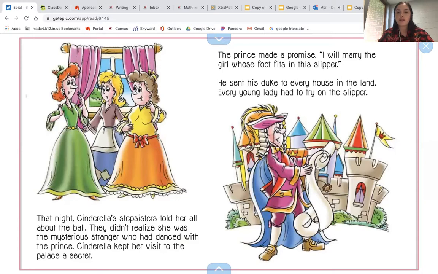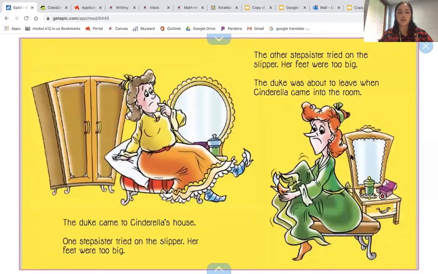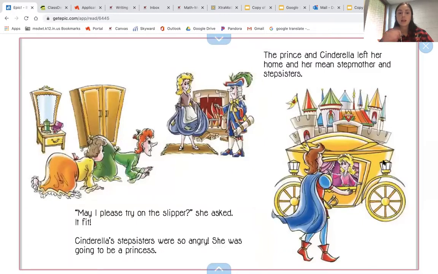He sent his duke to every house in the land. Every young lady had to try on the slipper. The duke came to Cinderella's house. One stepsister tried on the slipper. Her feet were too big. One sister tried on the slipper. Her feet were too big also. The duke was about to leave when Cinderella came into the room. May I please try on the slipper? She asked. It fit. Cinderella's stepsisters were so angry.